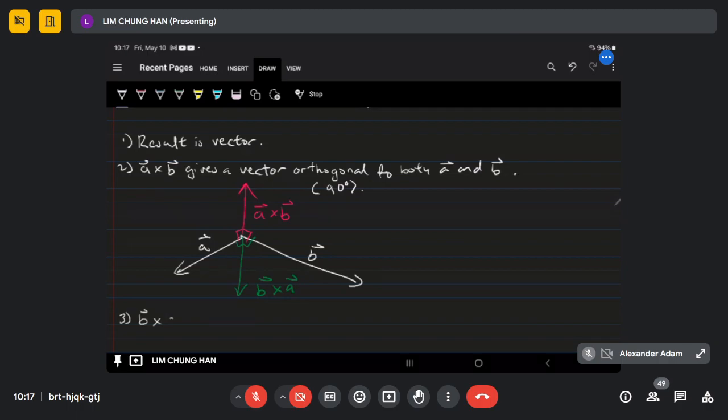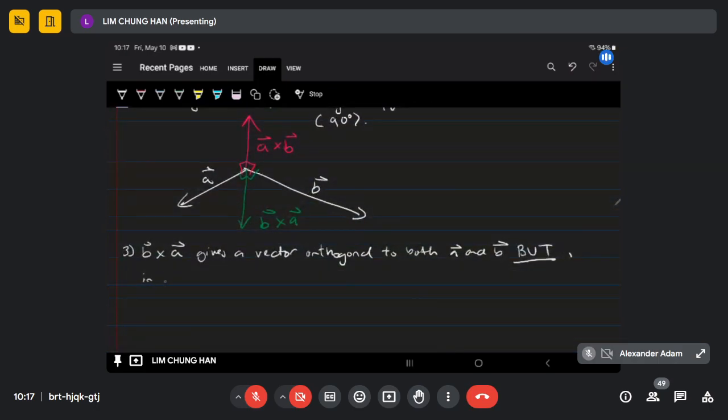If you do B cross A, it gives a vector orthogonal to both A and B, but in the opposite direction.